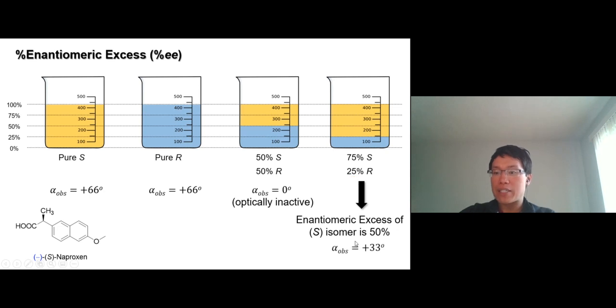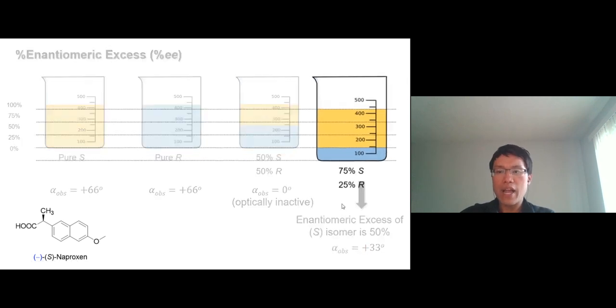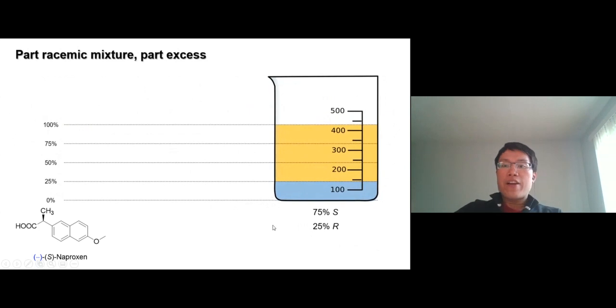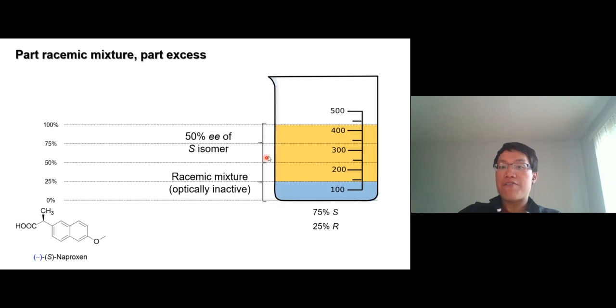If you don't get what I mentioned, let's get into the detail real quick and make sure you understand this. By the way, the observed rotation of this solution is plus 33 degrees, closer to S than R, not negative. 50% excess S means that 50% is a racemic mixture, and the other 50% is the S isomer.